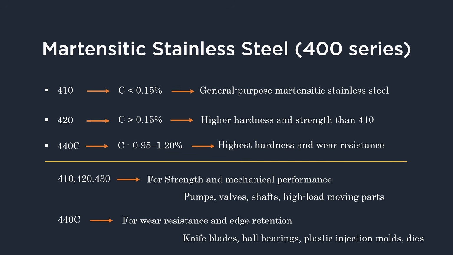For example, the knife blades, ball bearings, plastic injection molds, dies. Now, the corrosion resistance of these martensitic stainless steels is not as good as 304 and 316, but it's still far better than any carbon steel or any other alloy steels.